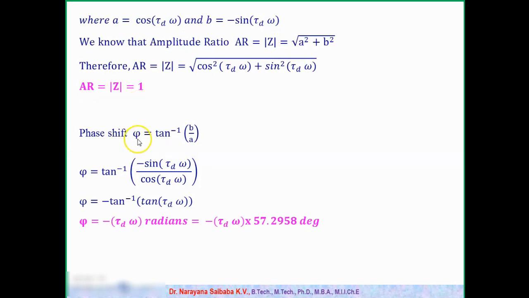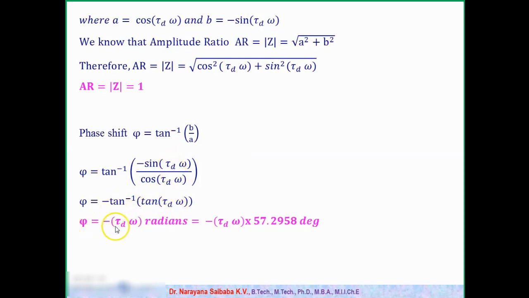Similarly, the phase shift phi can be calculated using the formula tan inverse of B by A. Here the B value is minus sin tau d omega and the A value is cos tau d omega. The theta value is the same, so sin by cos can be written as tan. So we have tan inverse of tan; both cancel and you have only minus tau d omega.